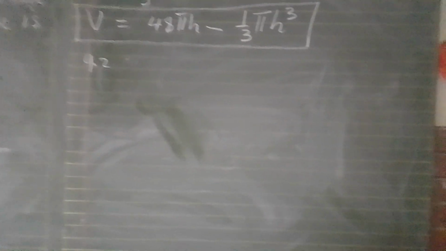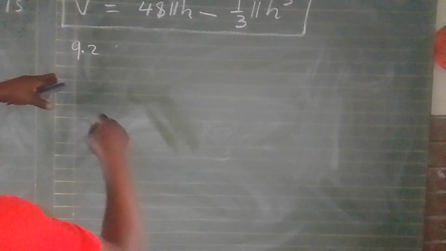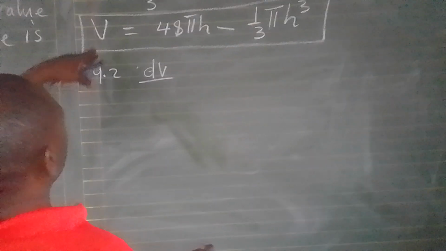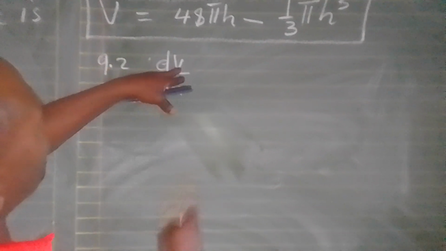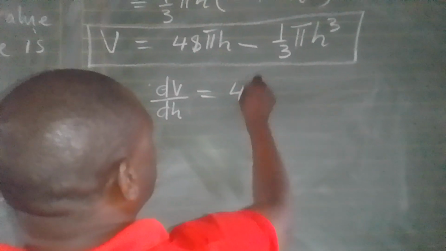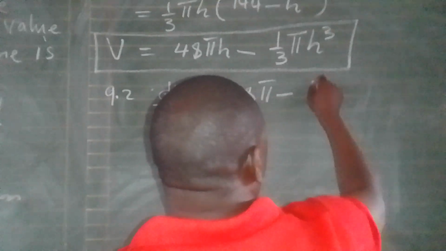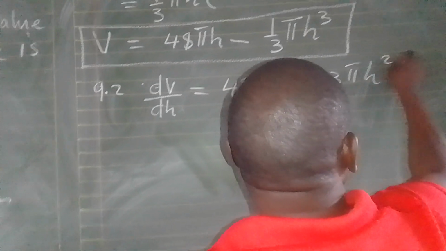Now, if you talk about minimum and maximum, you know that somehow you have to form the derivative. This is dV in terms of dH. We are deriving the volume in terms of H, which is equal to 48 pi minus 1/3 multiplied by 3 pi H squared.